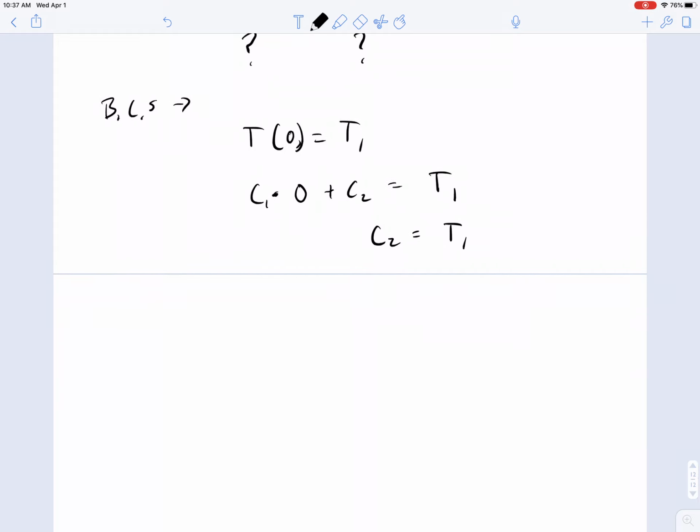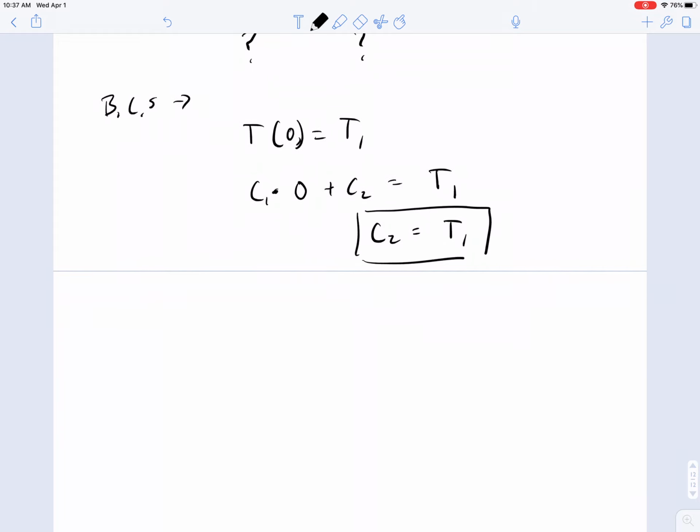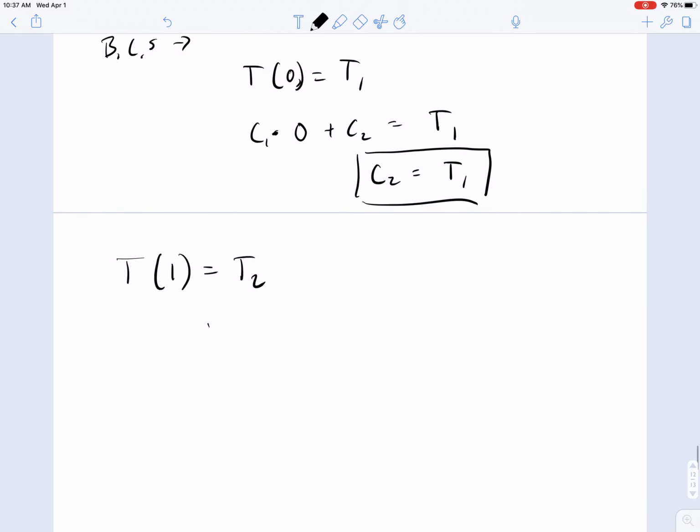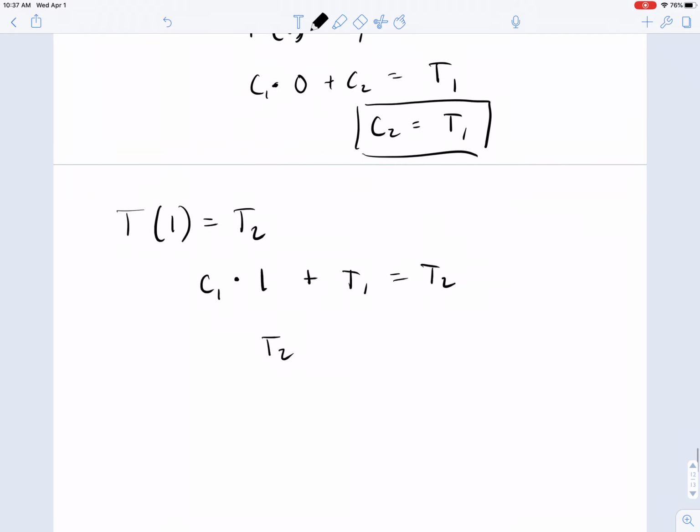Now we can go back after this and solve for C2. The other boundary condition was T at position 1 is equal to T2. So we have C1 times 1 plus T1 equals T2, which means C1 is simply equal to T2 minus T1.